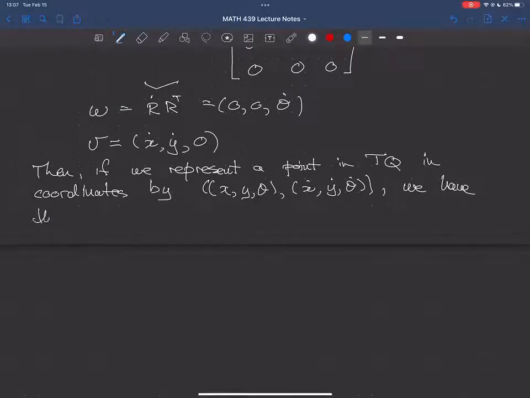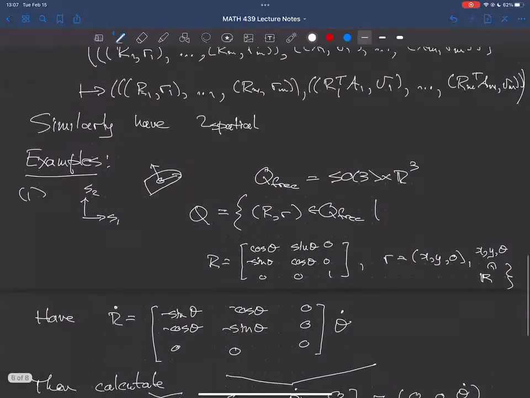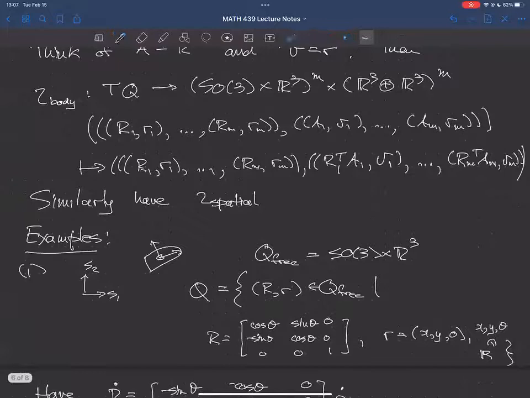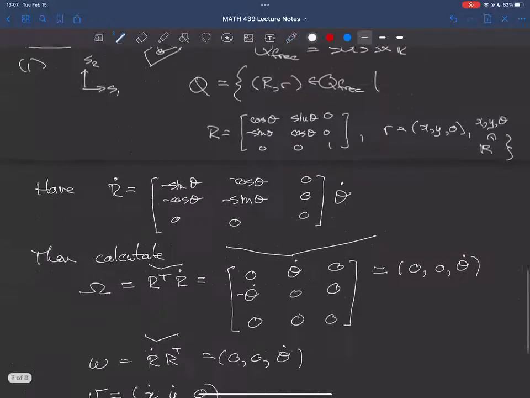So we have the local representative of iota body. It's going to take a point in TQ, because that's what iota body does, and it's going to give me all this stuff.